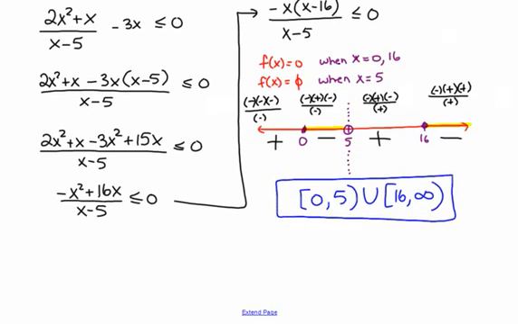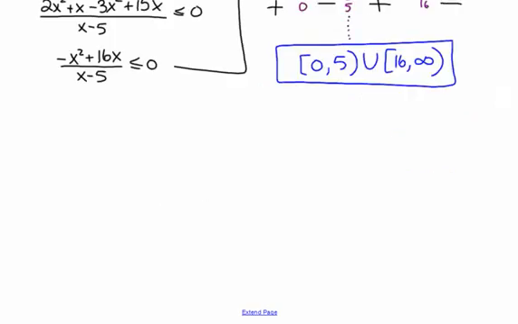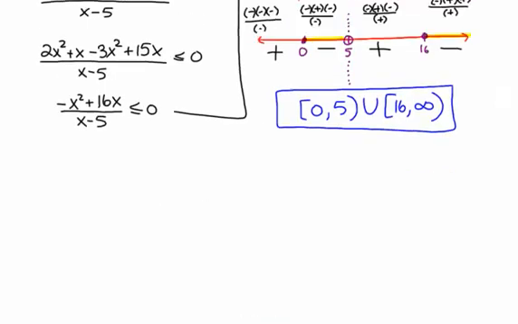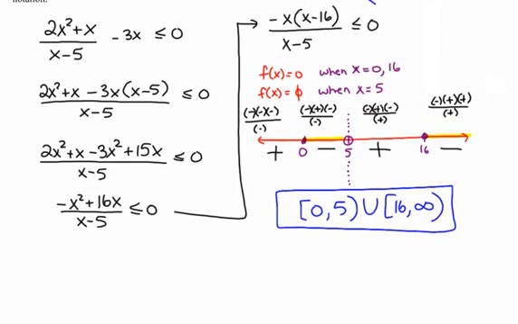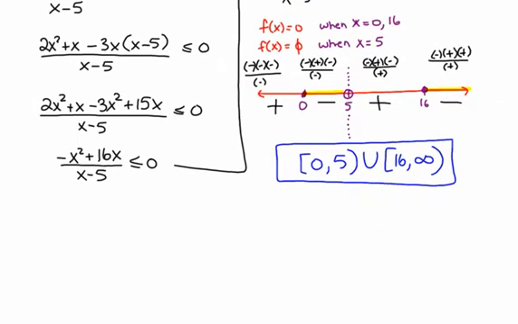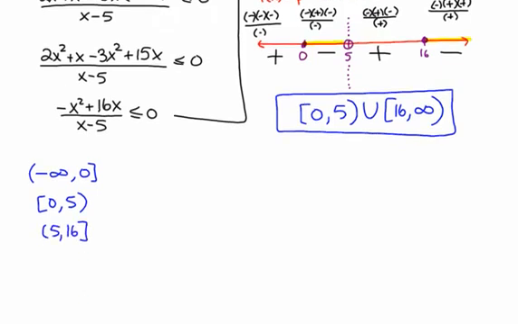Okay. Now, if you actually did a chart for this, just on a side note, we would be working with this function right here, right? So I still would list my critical values. We have three critical values, so we have four intervals: negative infinity to 0, 0 to 5, 5 to 16, and then 16 to infinity.